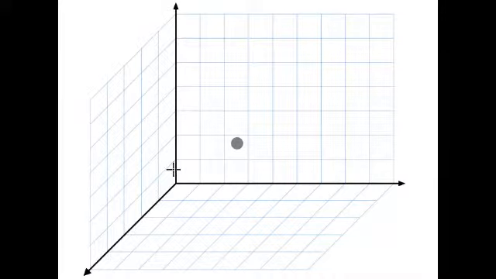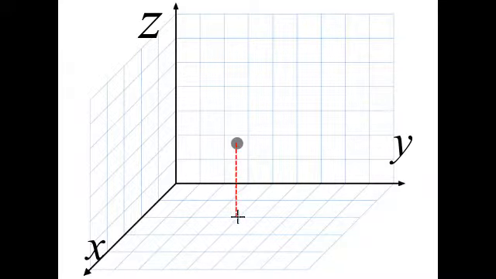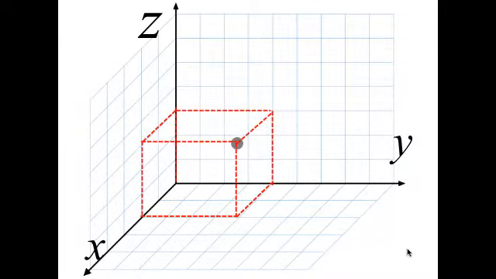It's standard for this to be known as x, this to be known as y, and this to be known as z. So to determine the coordinates of a point, we just measure the distance from each of the 3 axes. For this point, we can see that the x-coordinate is 2, the y-coordinate is 4, and the z-coordinate is 3.